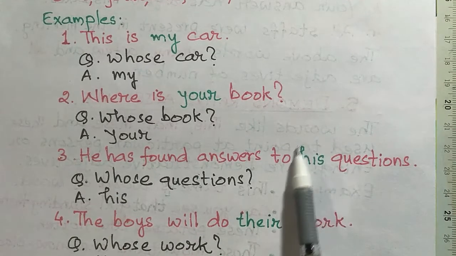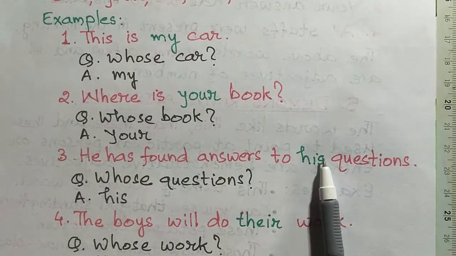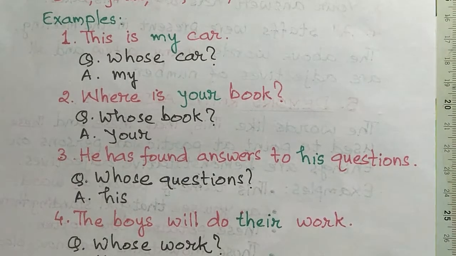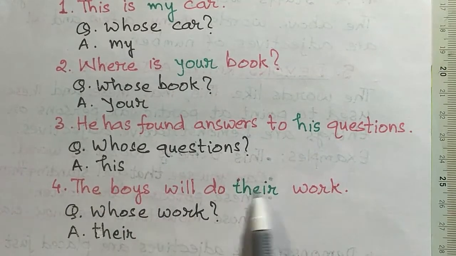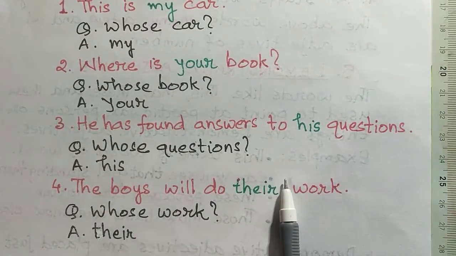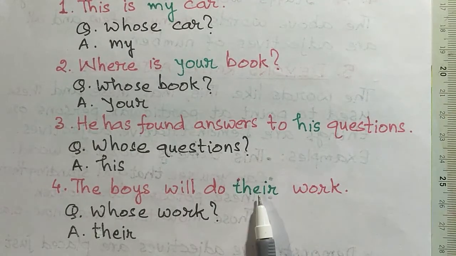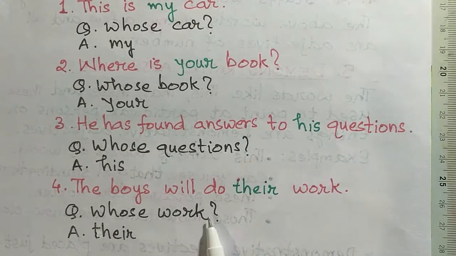So here also his is adjective of possession or possessive adjective. Then number 4, the boys will do their work. Whose work? Their work. So there is adjective of possession or possessive adjective here. So this was about possessive adjectives.